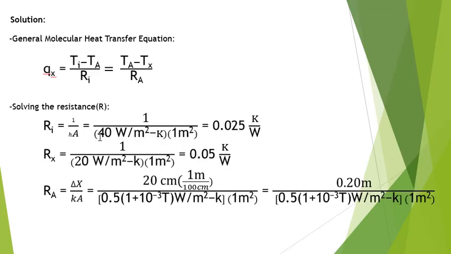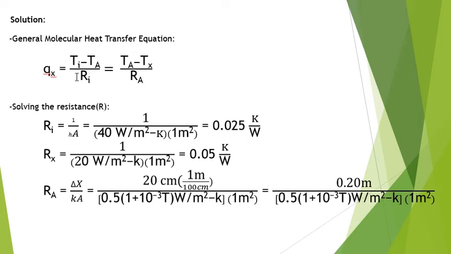We use the general molecular heat transfer equation, which is Q_x = (T_i - T_a)/R_i = (T_a - T_x)/R_a. This came from the basic equation: rate of a transfer process equals the driving force, which is the temperature, over the resistance.